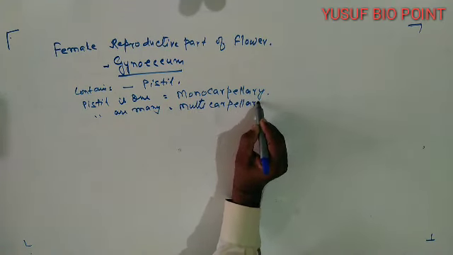This is the ovarian cavity which contains placenta, and from which megasporangium or ovule is developed.